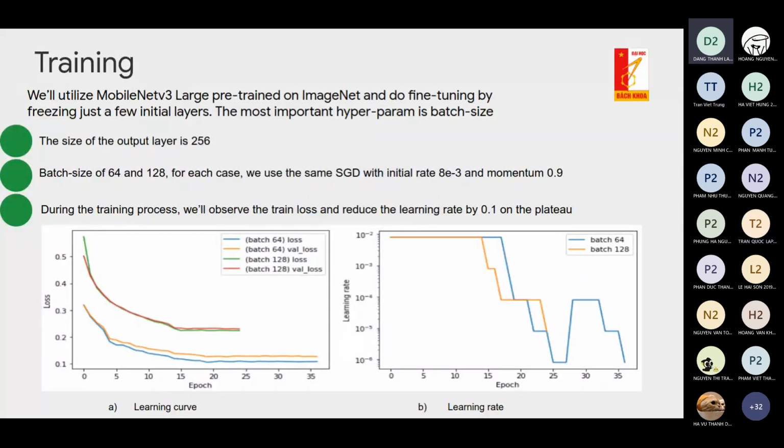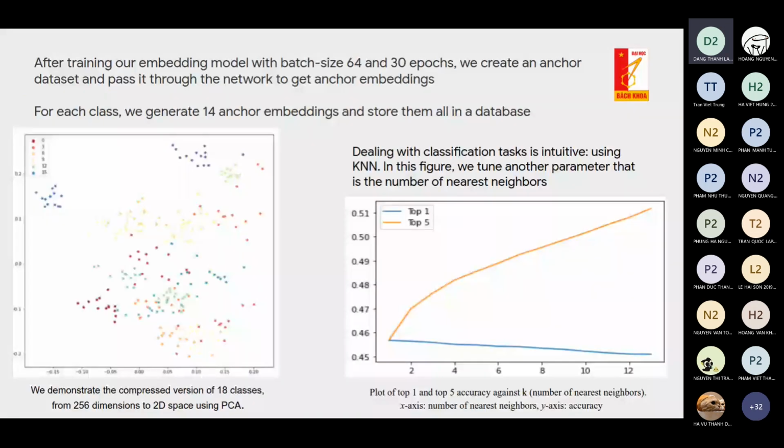After we train our network, we choose a batch size equal to 64 and 30 epochs. To visualize the model after training, we have here a demonstration of 80 classes.